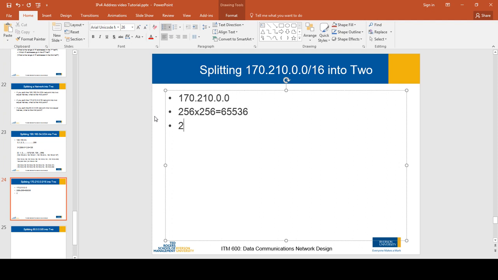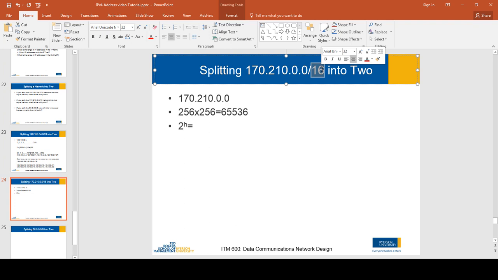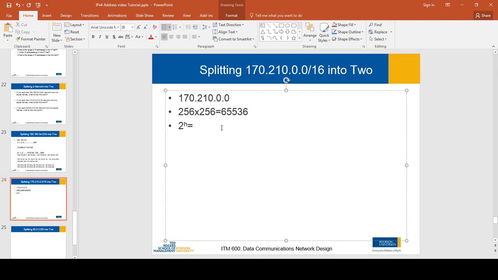Interestingly, you could find the same information, how many IP addresses are there in this network, by using the equation 2 to the power h, where h is the number of host bits, and in this case we have 16 network bits. That means we have 32 minus 16, the remaining bits of 32 bits will be the host bits. That means also we have 16 host bits.